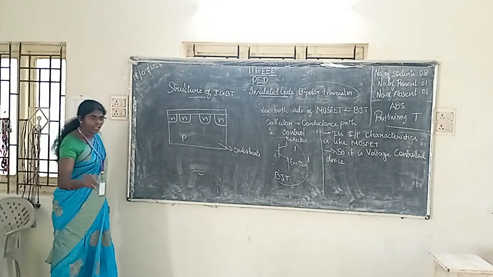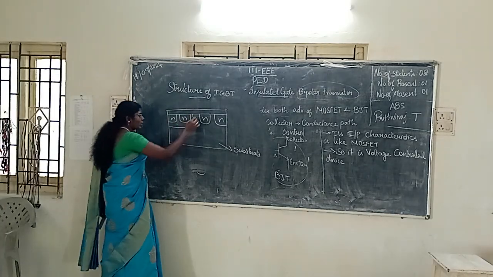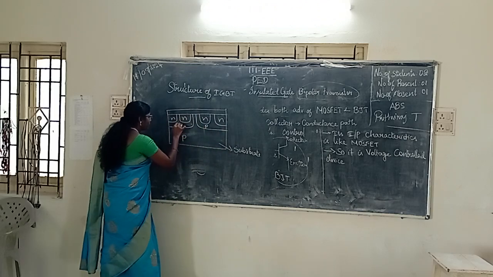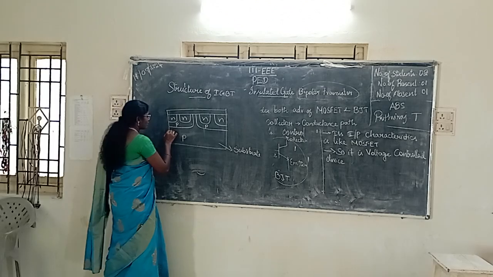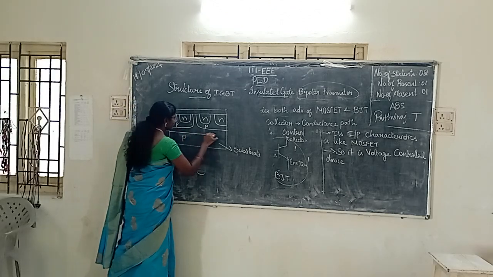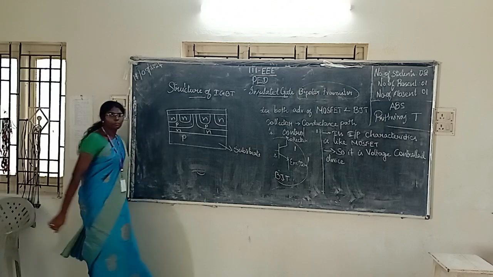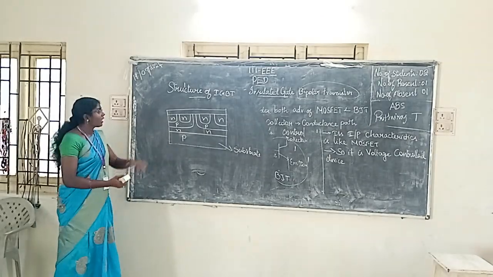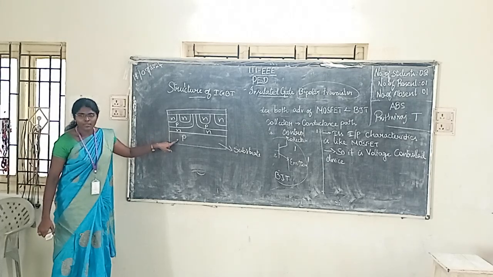Later I am going to give one more layer of P type. Again one layer of N type, on the P type substrate. Because we have studied MOSFET as a base.